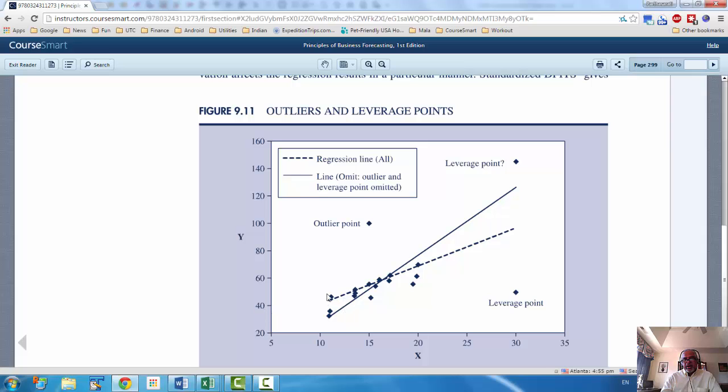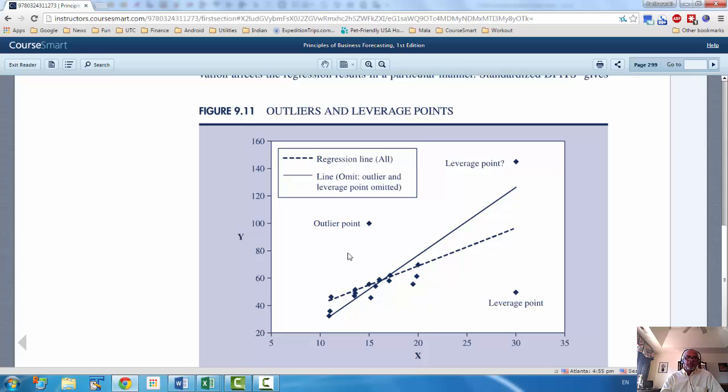That would give your fitted regression line this way. But suppose the corresponding y is over there, then that one single value is going to shift the regression line significantly upward.